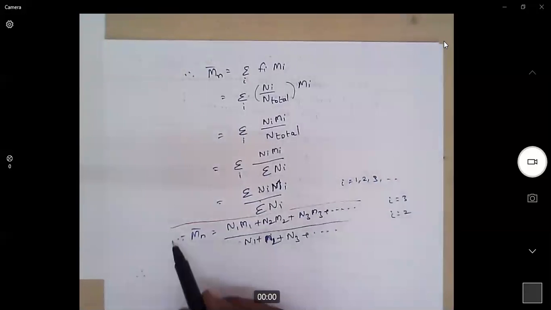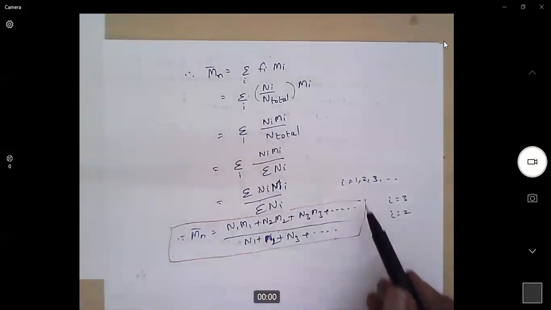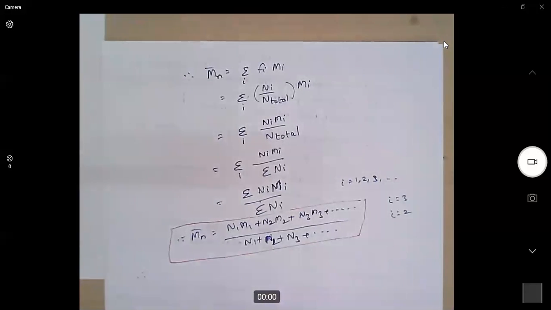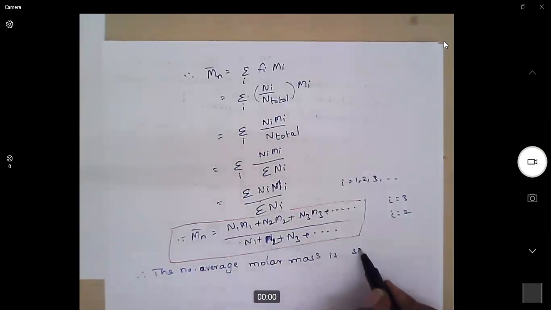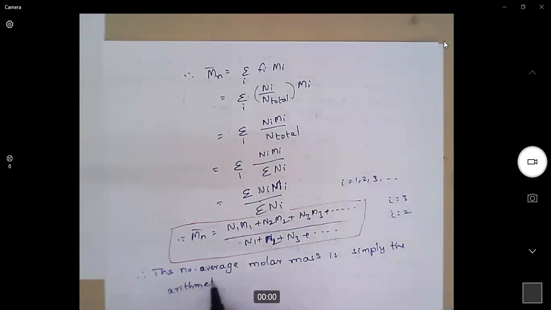This is the formula which we will use for calculating number average molar mass. The number average molar mass is simply the arithmetic mean of all the molar masses.